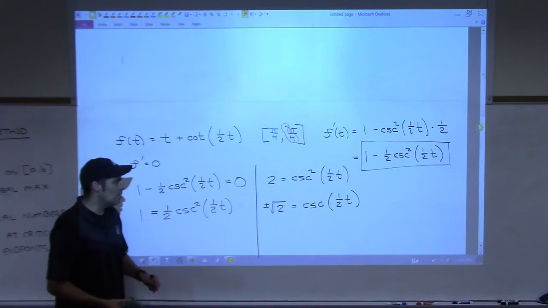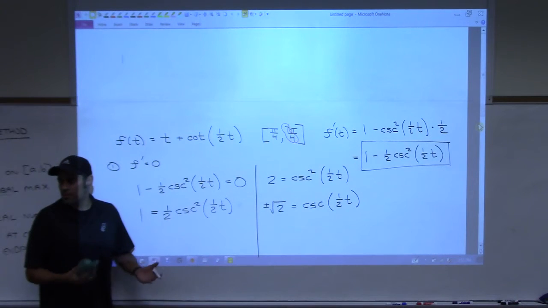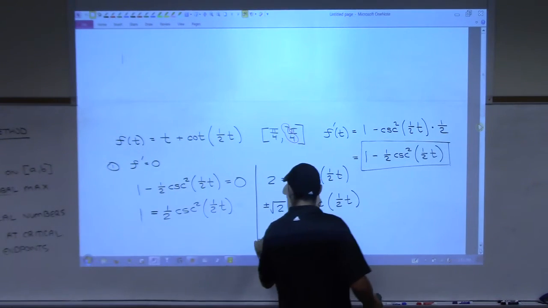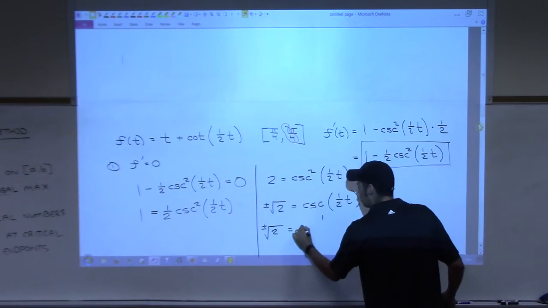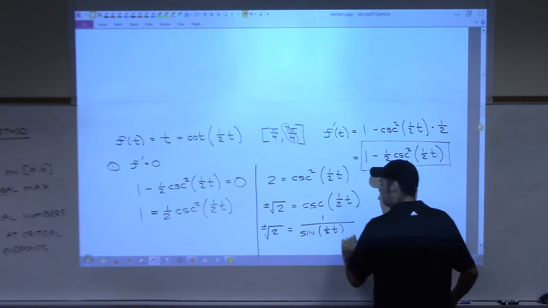Instead, let's do what we did every time we had trouble with trig functions. Try and get them in terms of sine and cosine. So how can I rewrite cosecant in terms of sine and cosine? Yeah, so this is the same as 1 over sine of 1/2 t, isn't it?